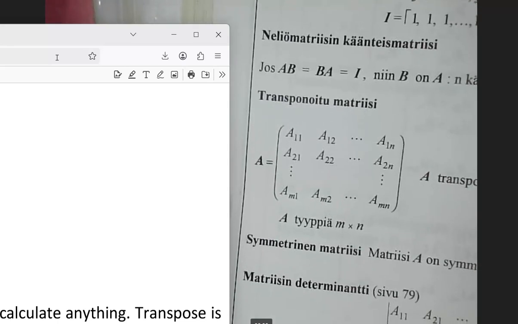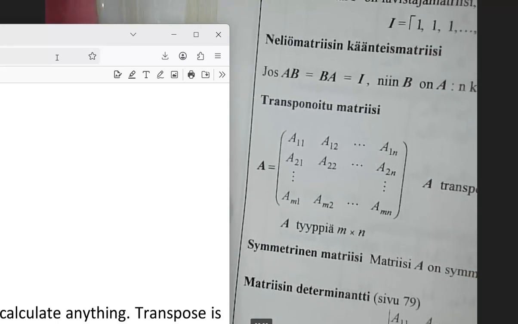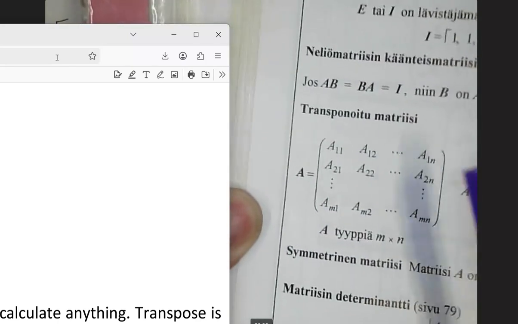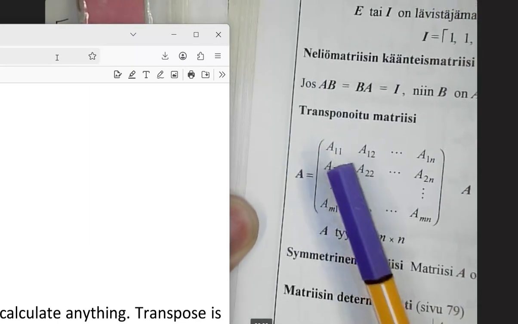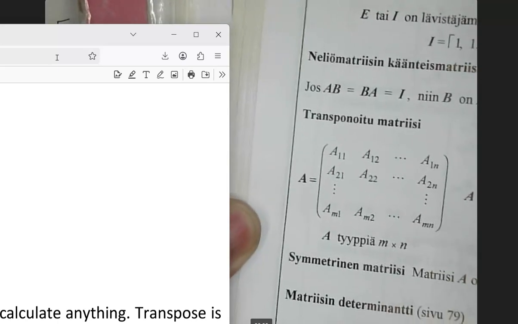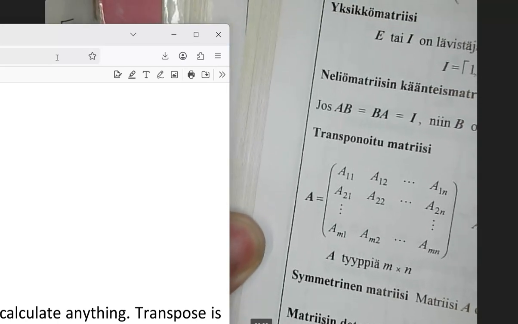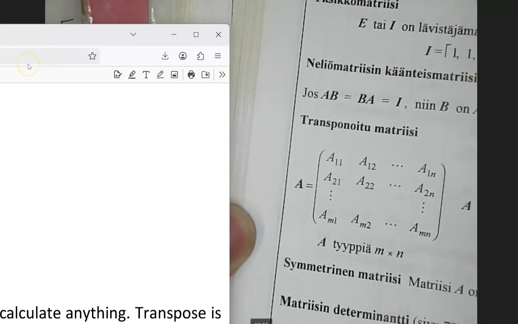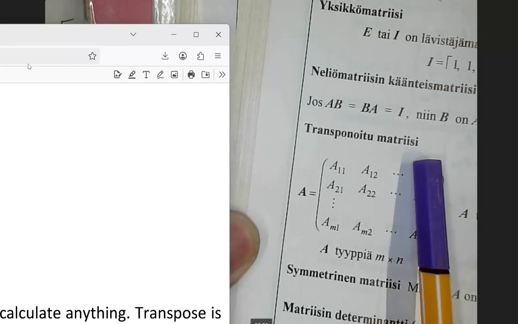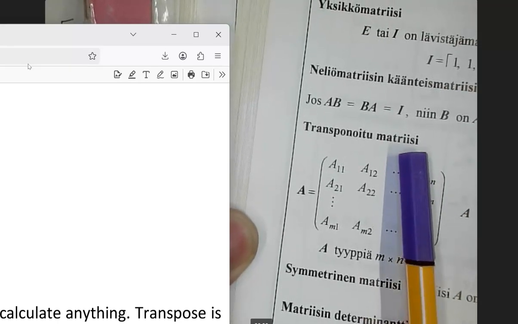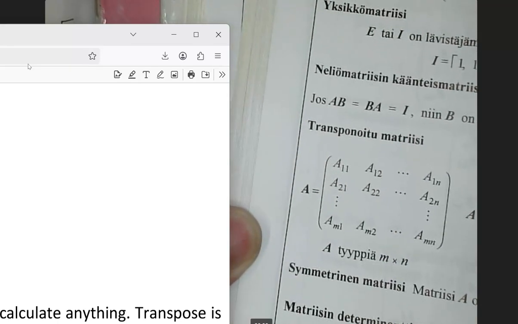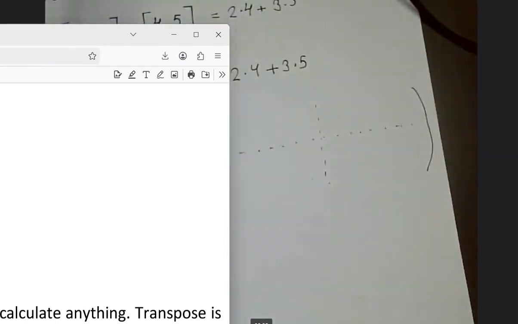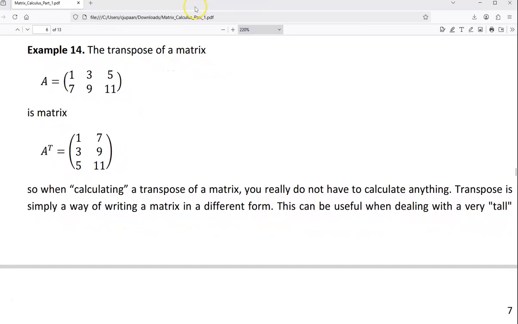Transponoitu matriisi is the same as transpose of a matrix. Actually, I mostly use in Finnish the word transpoosi. Again, the name in Finnish has an I letter in the end of that, like in matrix, we change that to Finnish matriisi, I letter in the end of that. So transponoitu matriisi or transpose is the same.